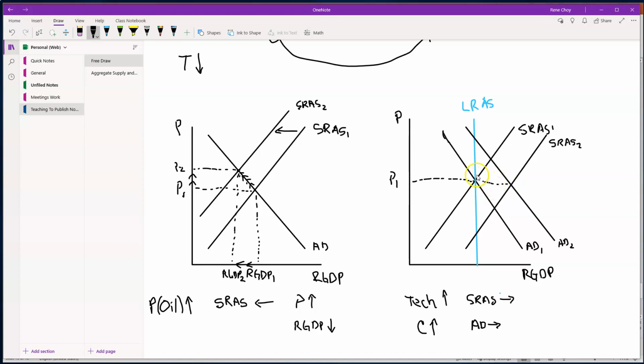We could follow this sort of path, or we could follow this sort of path to get there. I want you to think about this happening at the same time. So you're going to see an increase in aggregate demand together with an increase in the short-run aggregate supply. So you'll be following this sort of pattern as you're getting to this new point if you were to draw these subsequent lines to the right.